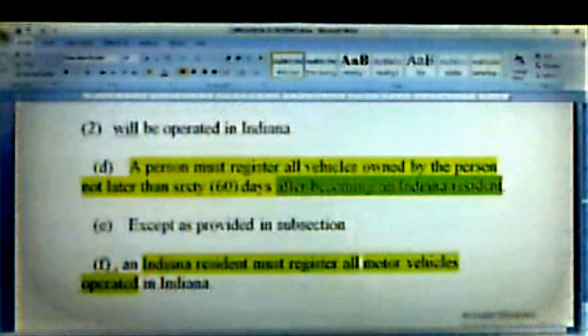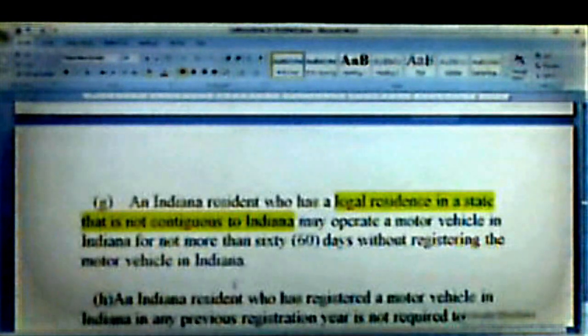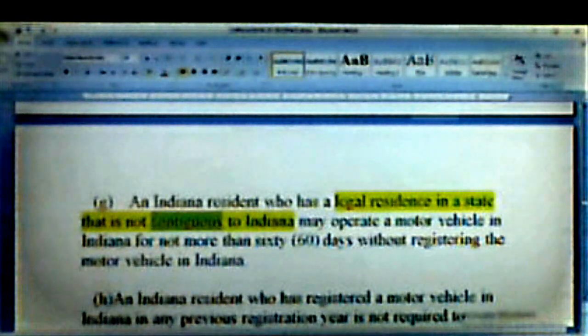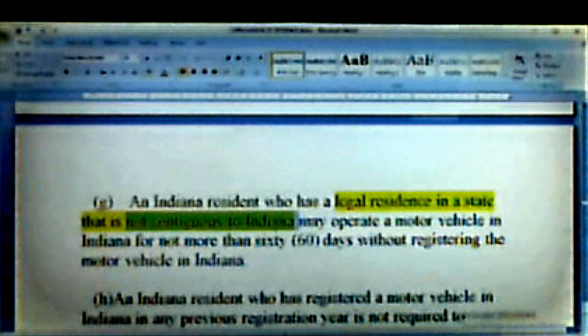Okay, and it says, except as provided in subsection F, an Indiana resident must register all motor vehicles operated in Indiana. Alright? In G, it says an Indiana resident who has a legal residence in a state that is not contiguous to Indiana. Now, are you catching that? Not contiguous to Indiana. Now, some of you remember when I did my earlier video when I showed you the definition of resident in Pennsylvania.